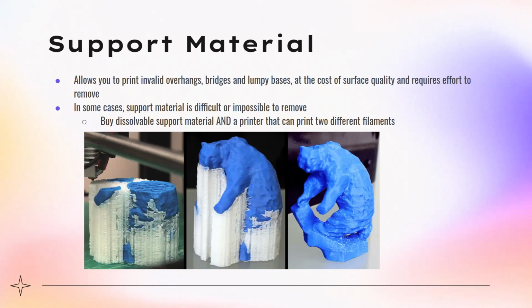In a lot of cases, support material is difficult or impossible to remove; you really need to get into the model. There are also dissolvable support materials, and they're generally a nicer option, but they're expensive and hard to find.